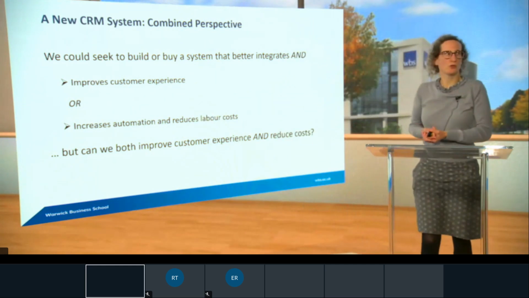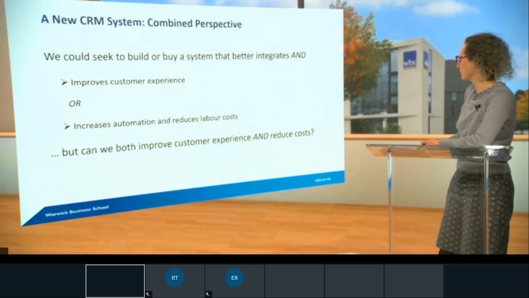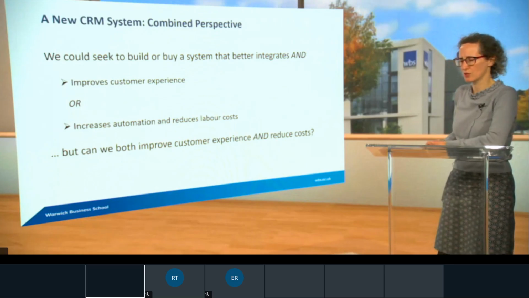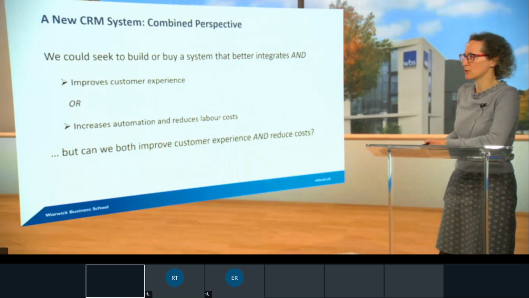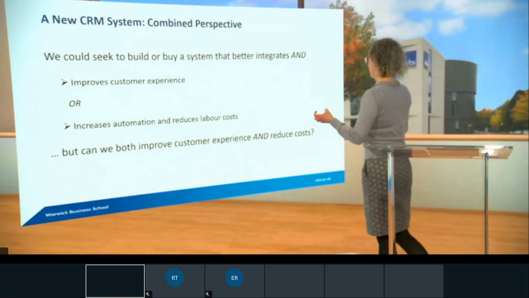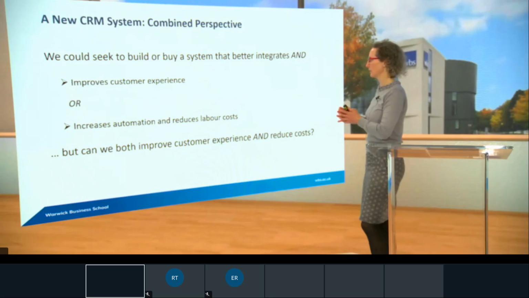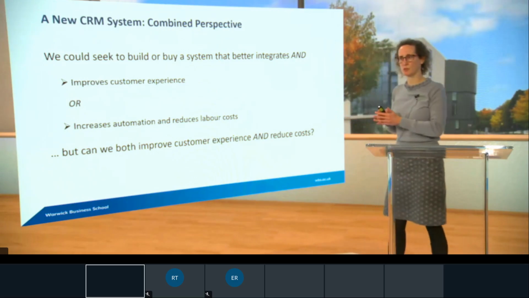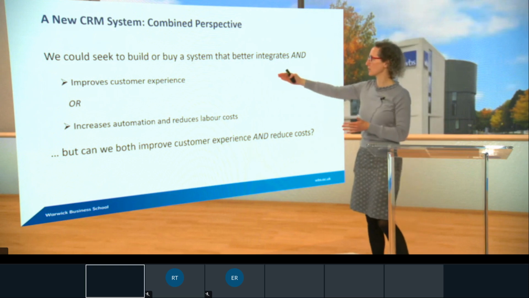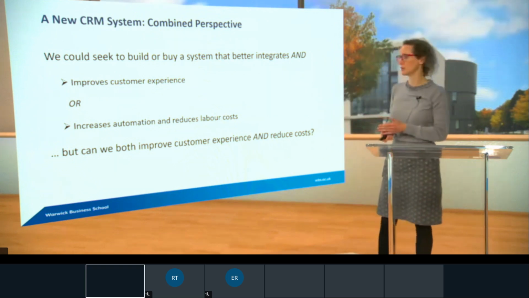But we could really question, is it really feasible to improve the customer experience and to reduce costs? So using these CATWOs to represent these different perspectives has brought us to an understanding of the challenge that we face here, that the different stakeholder groups might support to a greater or lesser extent improving customer experience versus increasing automation and reducing labour costs.